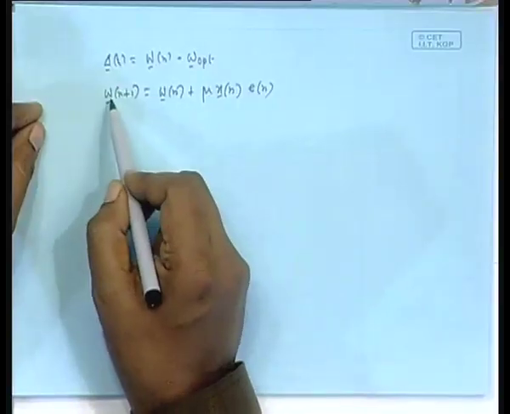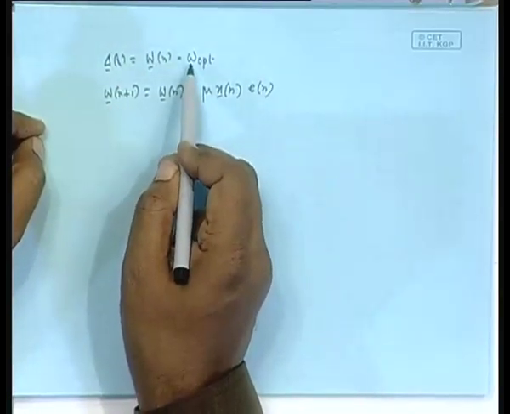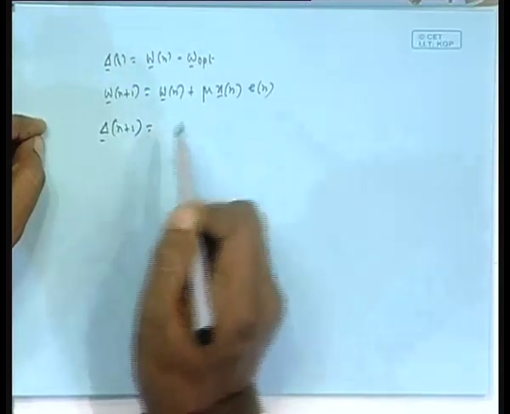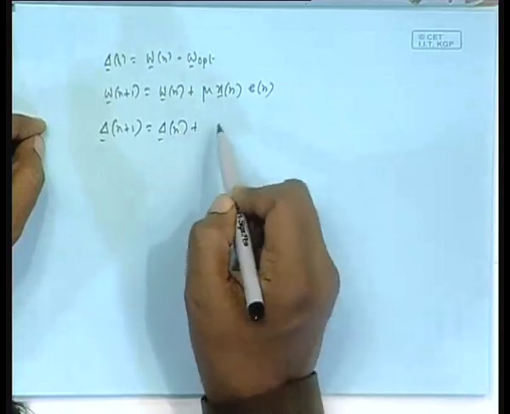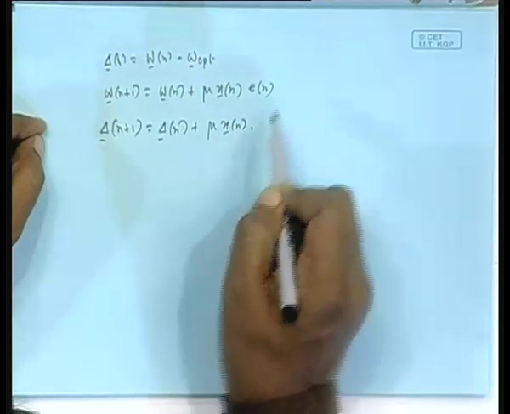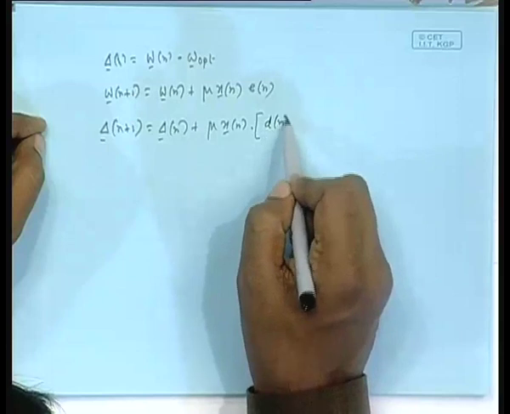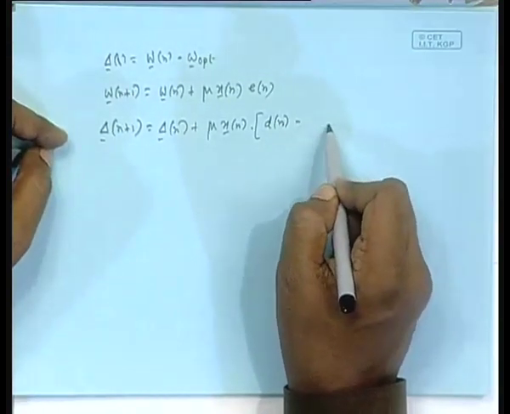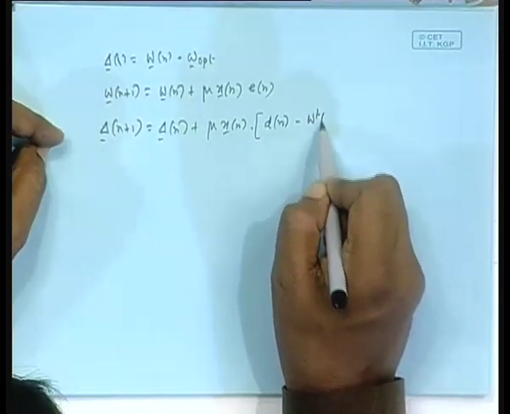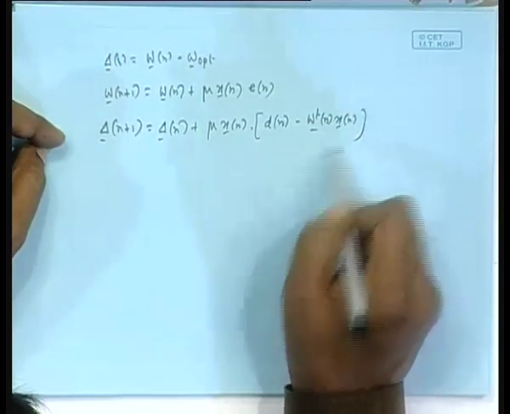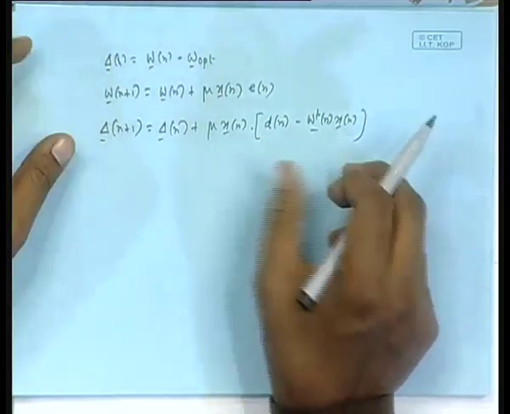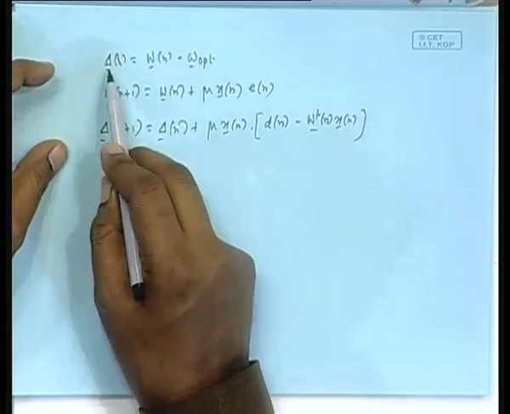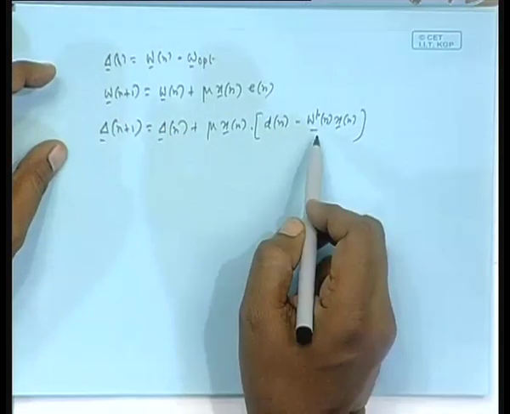If you subtract W opt from both sides, you will obviously get delta n plus 1 as delta n plus mu Xn En, and En is dn minus W transpose n Xn. This part is common, we have done this analysis.